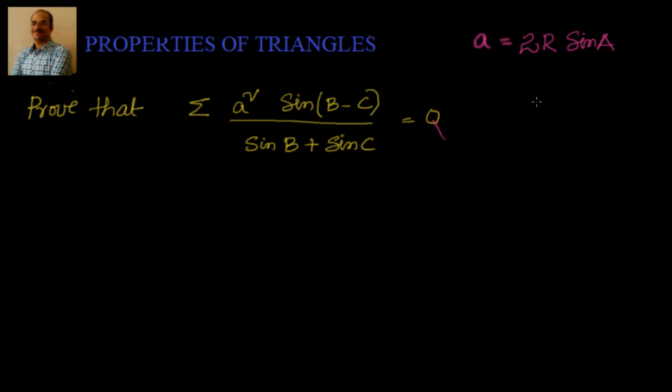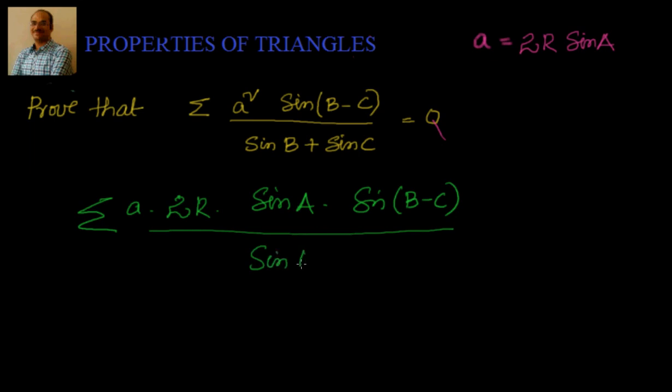Another way of doing it is, I will keep one a and I will convert another a into 2r sine a. So that's nothing but 2r into sine of a into sine of b minus c divided by sine of b plus sine of c.